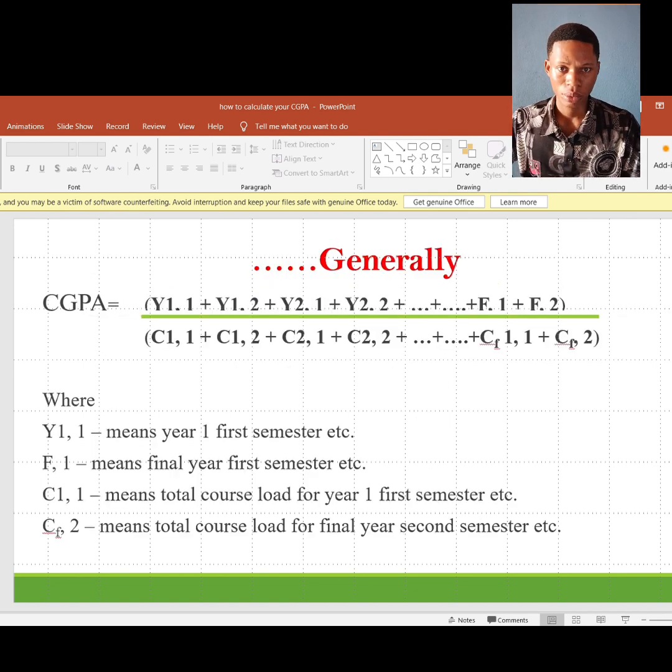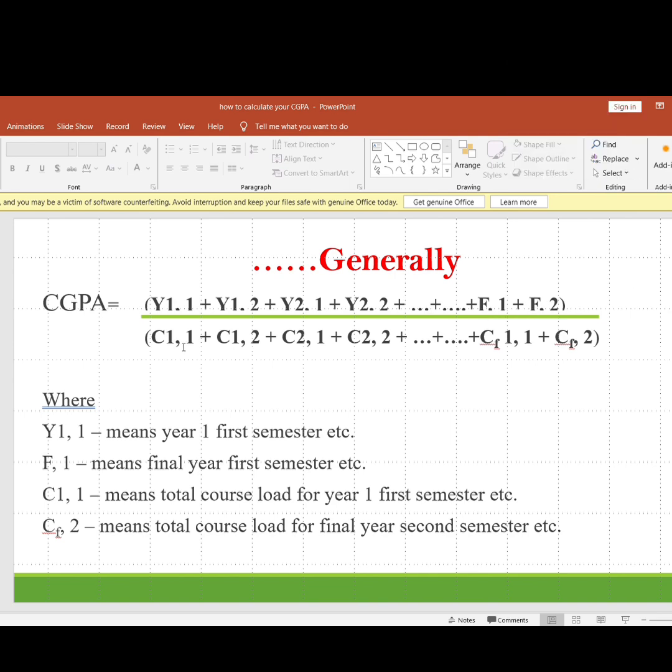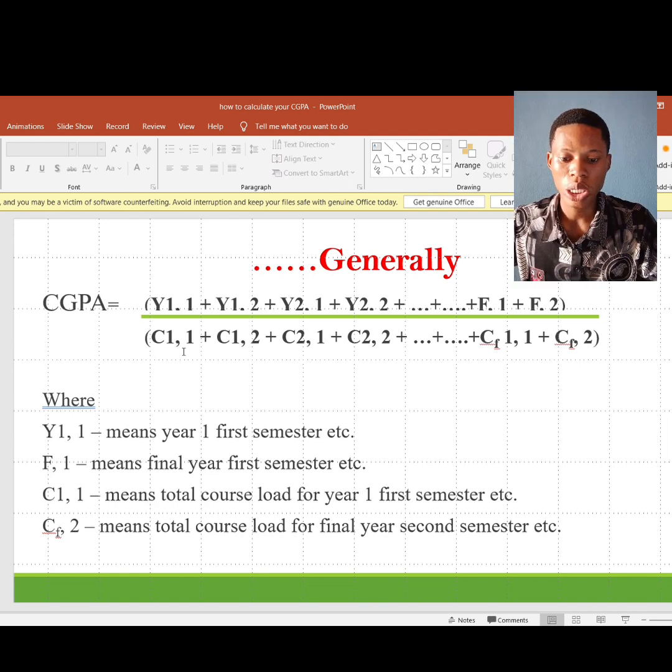So generally now, if you want to calculate your CGPA, what you do is year 1 first semester plus year 1 second semester. That is the quality points for year 1 first semester plus that of year 1 second semester, plus year 2 first semester, year 2 second semester, like that till you get to final year first semester, final year second semester, all over the credit units for year 1 first semester, second semester, like that.